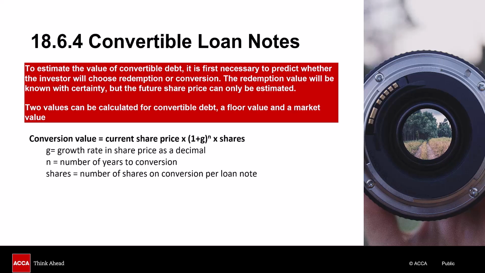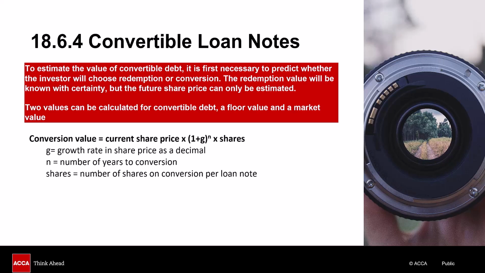So two values can be calculated for convertible debt: a floor value and a market value. Often the market value will be based on the conversion value, because often the share price will increase with time and outstrip the cash price for loan note redemption.